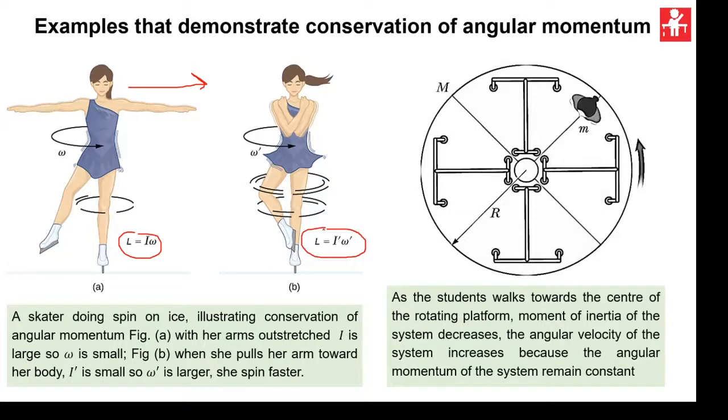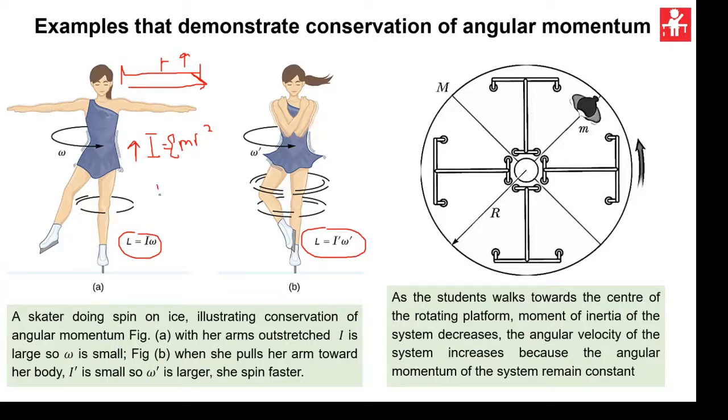When she draws her hands upwards, the distance R between her hands and the axis of rotation increases, and we've learned this in the previous video: I equals summation mr squared. So if R increases, the moment of inertia increases.